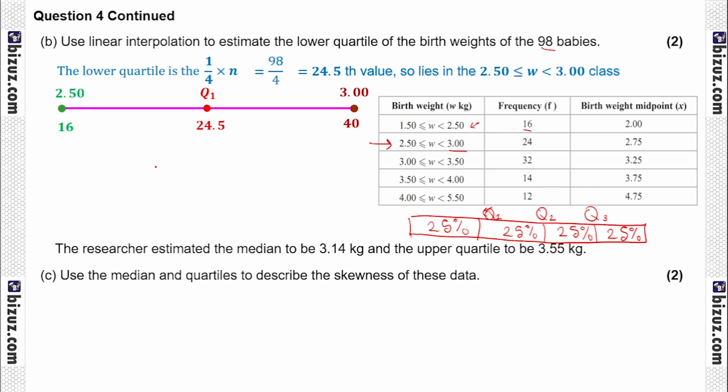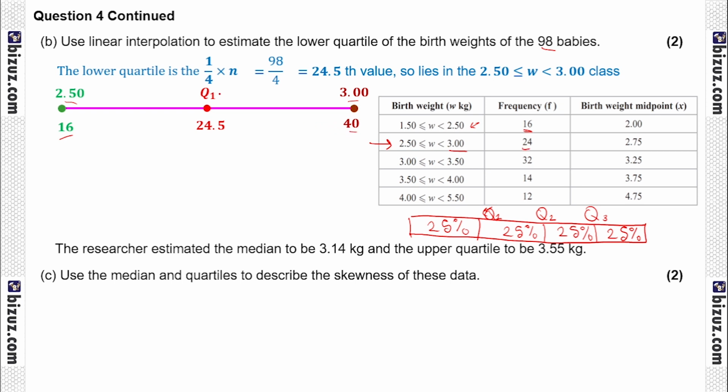And the reason I say cumulative is because these are the total frequencies up to those values or positions. All right, so as you can see here, the endpoints are 2.50 to 3.00, and we have the corresponding cumulative frequencies for them. Up to 2.50, it's obviously 16, and up to 3.00, it's 16 plus 24, or 40.